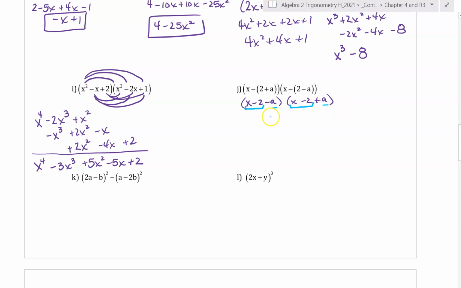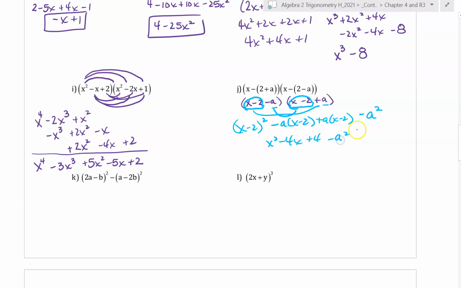So if we think of this kind of like multiplying by grouping, so think of this x minus 2 as one term, that might make your job a little easier because minus a times the quantity x minus 2 and positive a times the quantity x minus 2, that's going to cancel out. So we have x minus 2 squared and minus a squared.